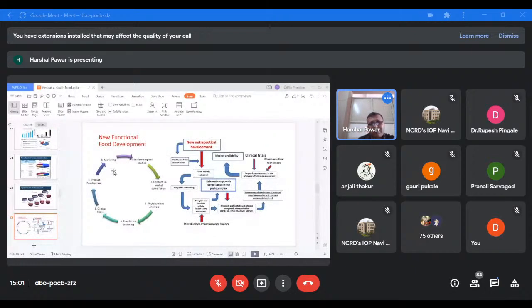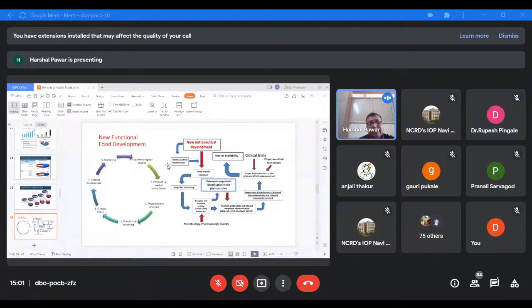These are the approaches which are used in the development of a new functional food or nutraceutical product. So you can see here, for preparation of any nutraceutical product or any functional food product, you will have to identify a particular health condition, right?